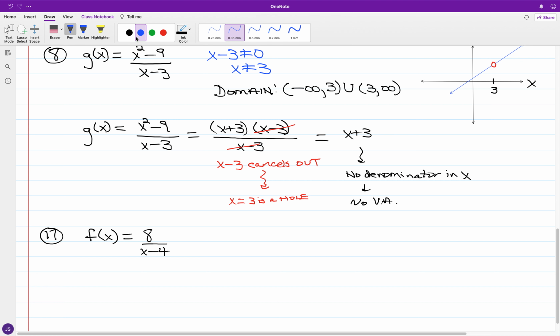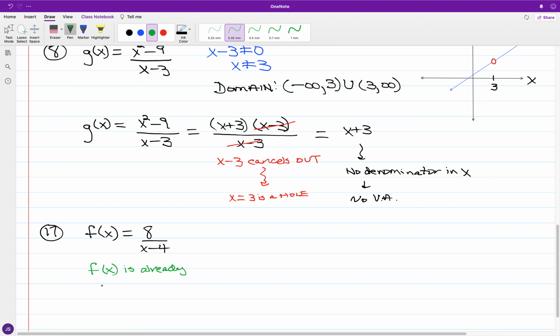I'll just go ahead and mention that f of x is already in simplest form. So the exclusion from the domain is going to be a restricted value that defines the vertical asymptote.